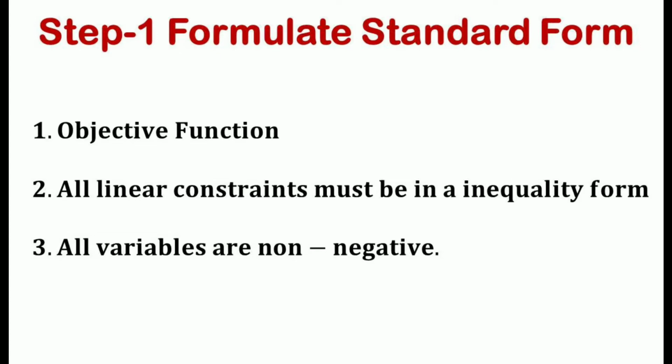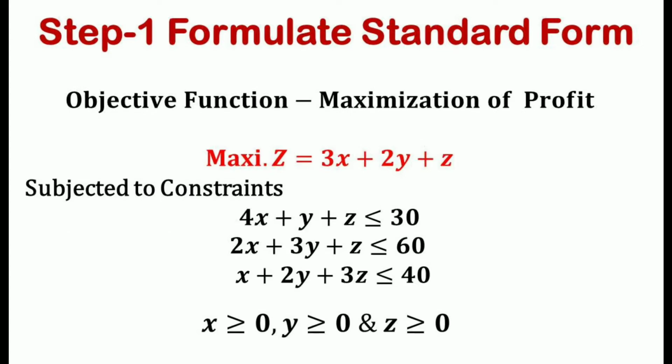are non-negative. So consider this example: we have an objective function that is maximization of profit. That is, maximize Z, which is equal to 3x plus 2y plus z. So here we have three variables, that is x, y and z.